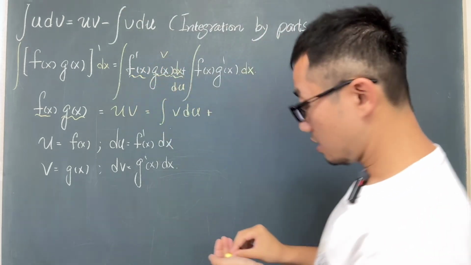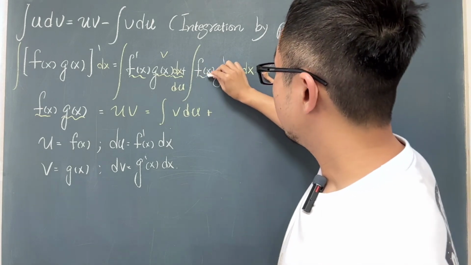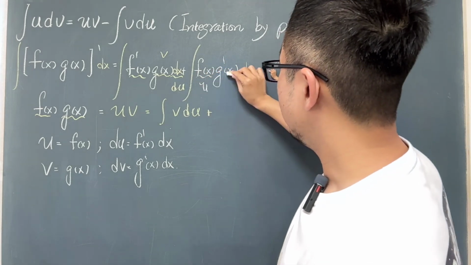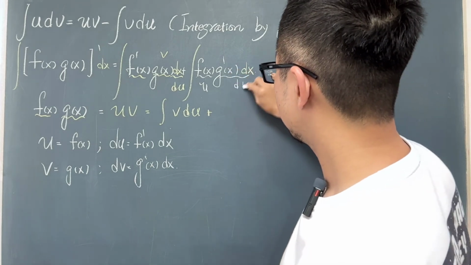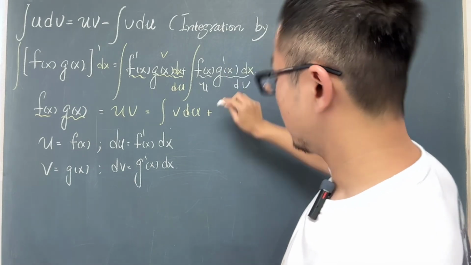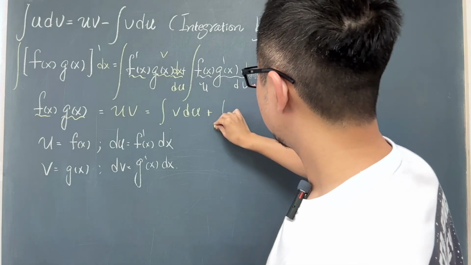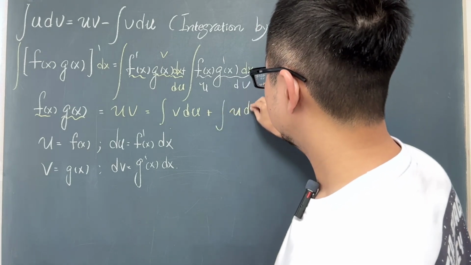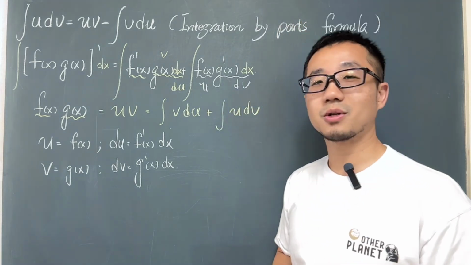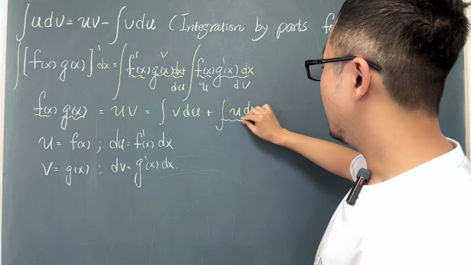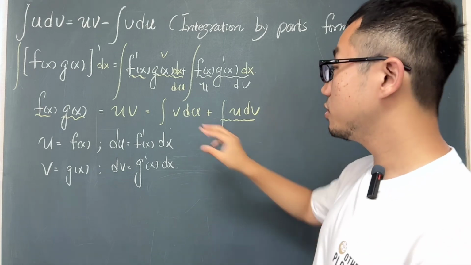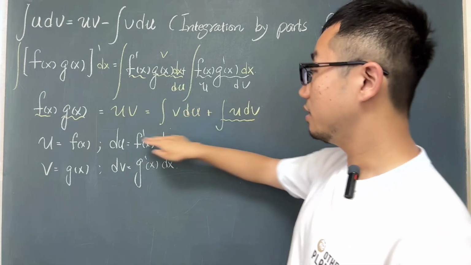plus the integral on the right side. And f means u, and g prime times dx is actually dv. So the last integral term is the integral of u dv. We are so close. So next, when you try to integrate a u dv term, you can just move the second integral term to the left side.